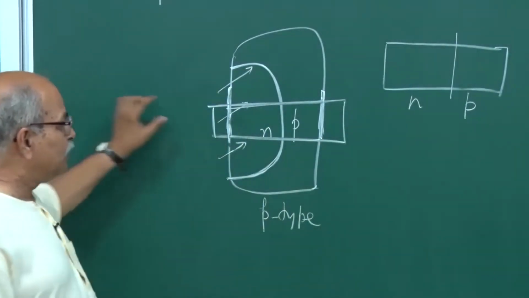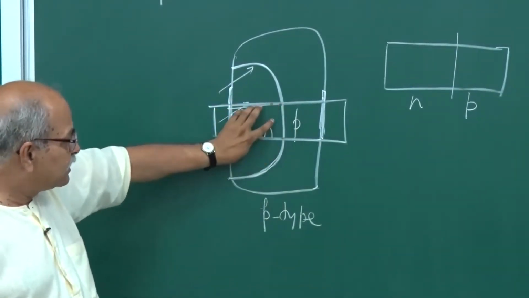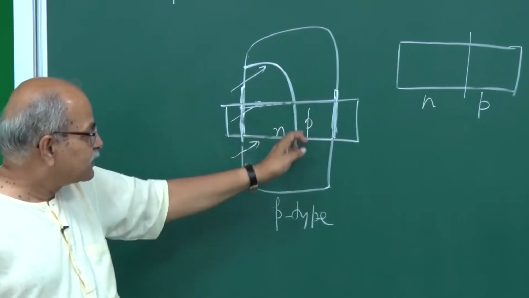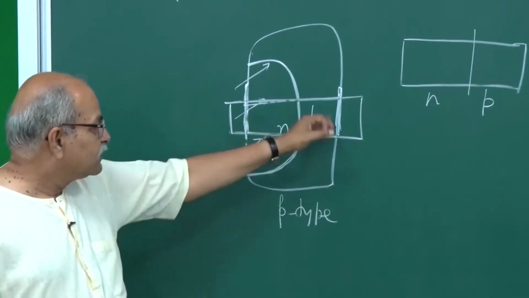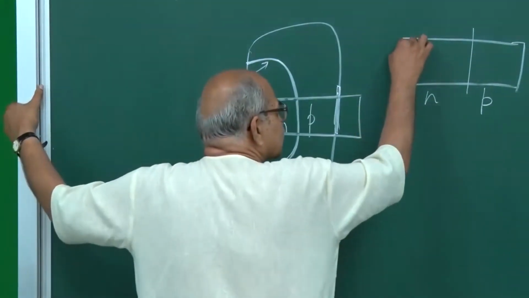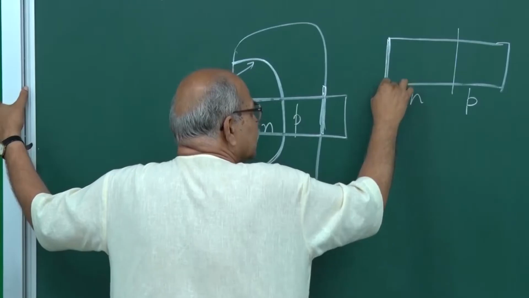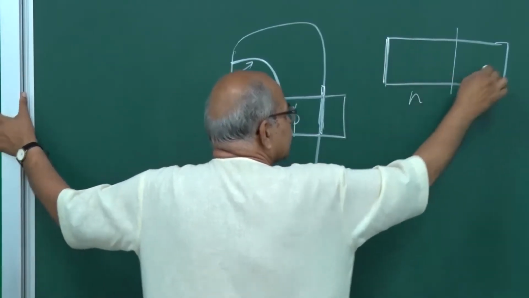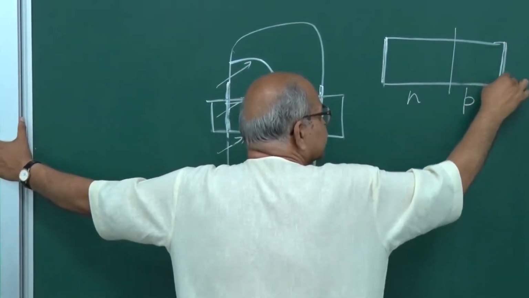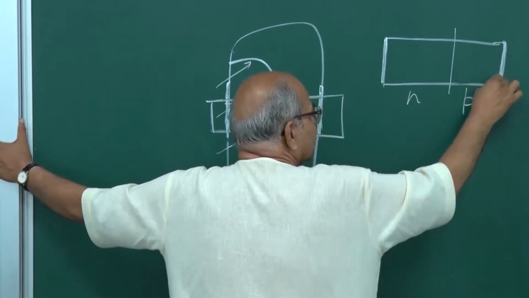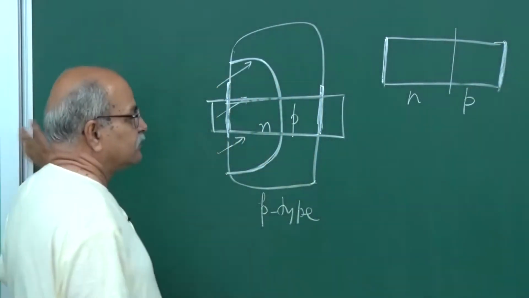So what I'll be actually showing is this portion. This is N type, this is P type, here is the junction, here's the metallic contact, here's the metallic contact. So this is how I'll represent it. You will assume that you have a metallic contact here, you have a metallic contact here. So this is the situation.